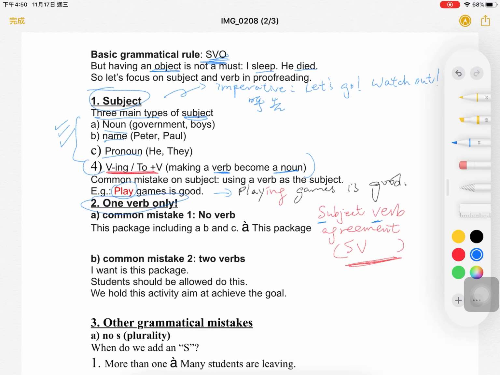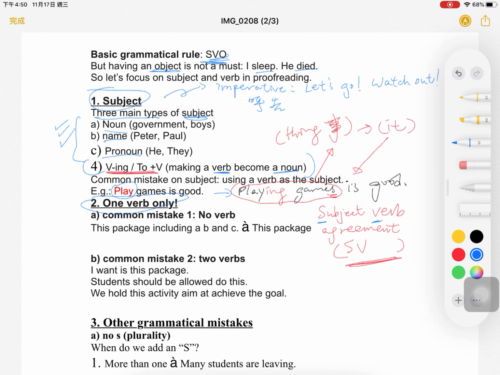It means that, although games are plural, playing games as a whole, this is a thing. 一件事嚟㗎嘛，係咪? When you talk about a thing, it is it, as in he, she, it. So of course, it is followed by is, or has, or a verb that comes with s, okay?